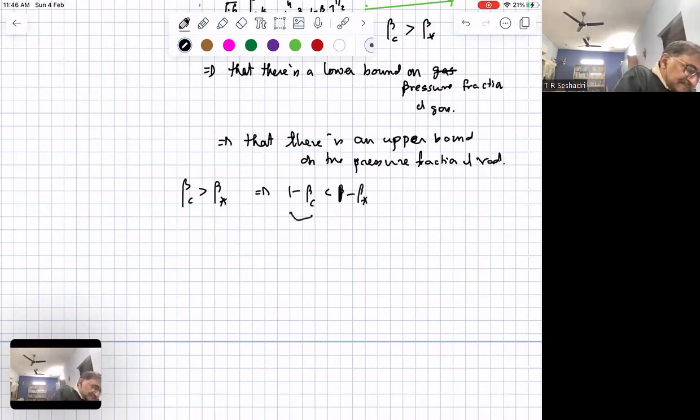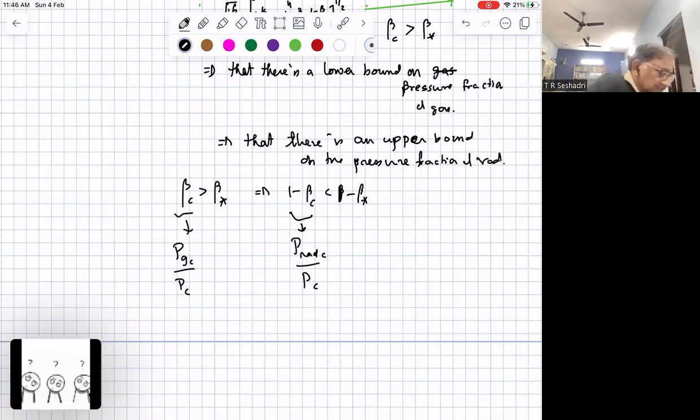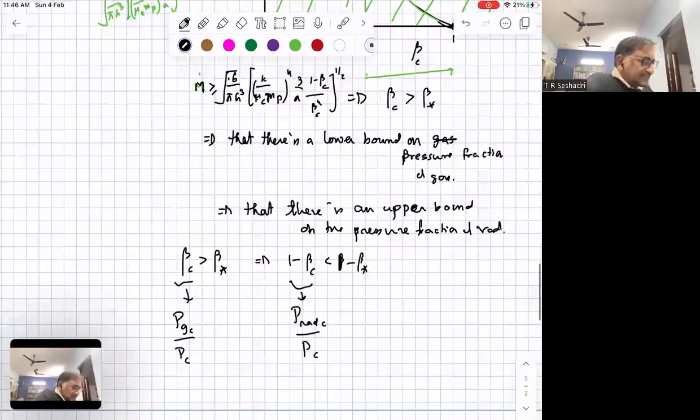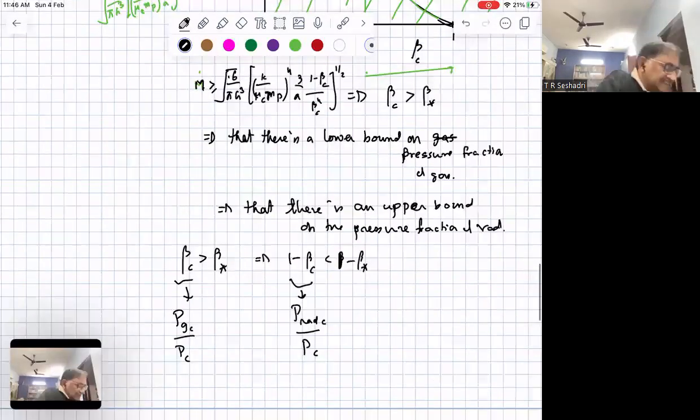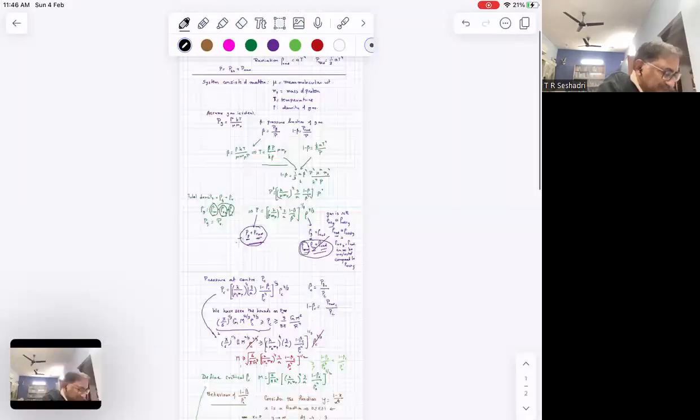Okay, and this is nothing else but P radiation divided by P, I mean, this is at the center, and this is P gas at the center by total state. You see this? Yes. Okay, I'll give some problems on calculating this further. So is this clear? I find this a very beautiful piece of working.